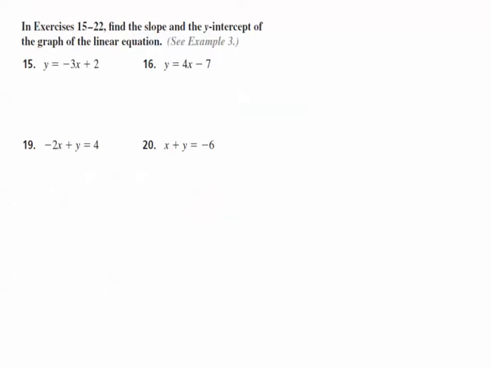In the next set of problems, we want to be able to look at an equation that is in slope-intercept form, and make sure that we can identify what the slope and the y-intercept are. Remember the form is y equals mx plus b, where m is the slope, b is the y-intercept, and so we're just looking for the number that's multiplied by x.